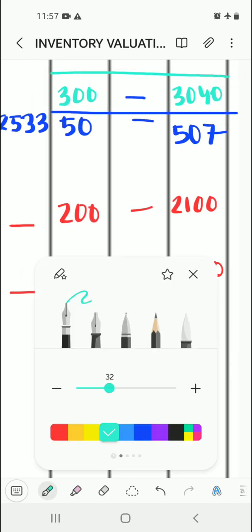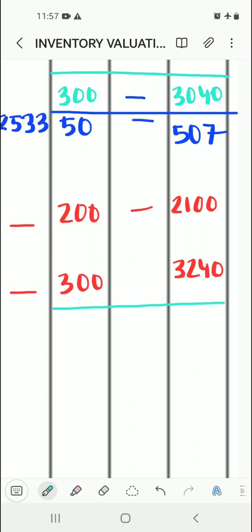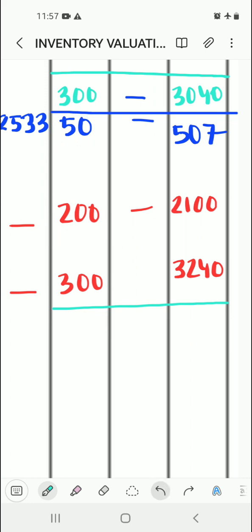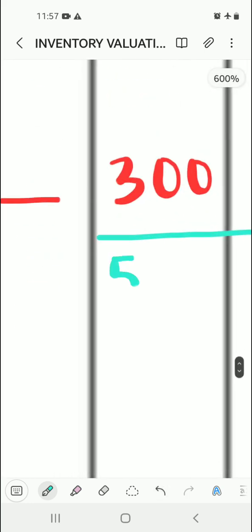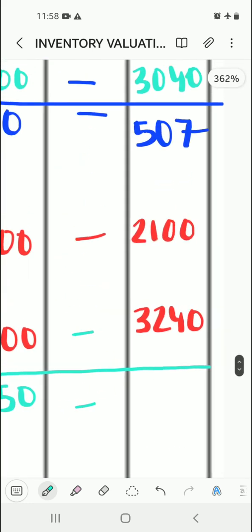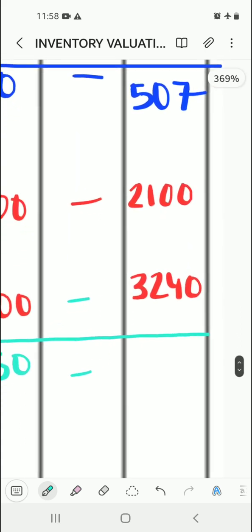I'm writing the balances using this different color. See, this is 50 plus 200, that is 250, plus 300, that is 550. So my balance unit is 550. And then over here we've got three figures, 507, 2100, and 3240. We're going to add all of these to find the total amount.